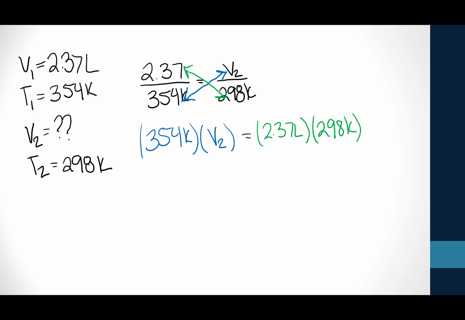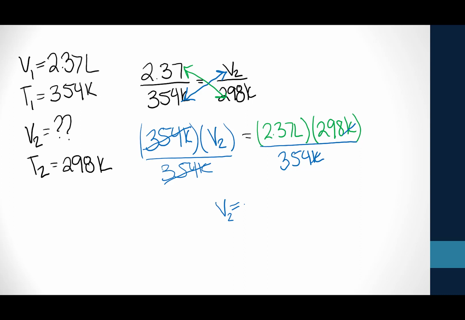That's much better. And now we can simply divide and solve for V2. Whatever I do to one side, I also have to do to the other side. Kelvin cancels.